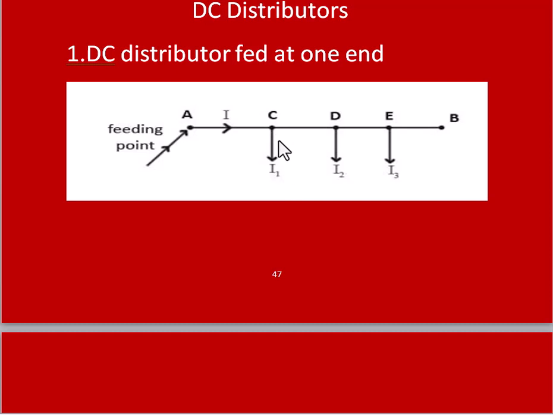So here at C the current is I1, at D the current is I2, at point E the current is I3, and the total current supplied by the supply is I. And here the supply is connected to the point A. This is called the feeding point, or this is the supply given to the distributor.